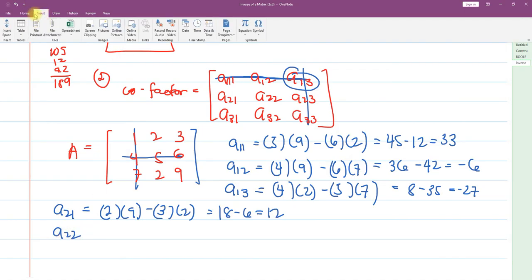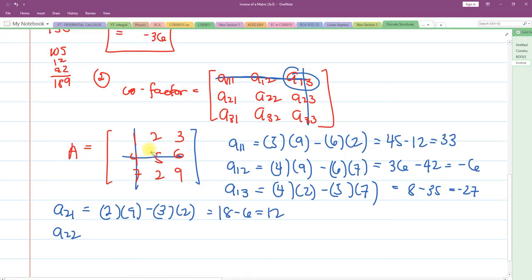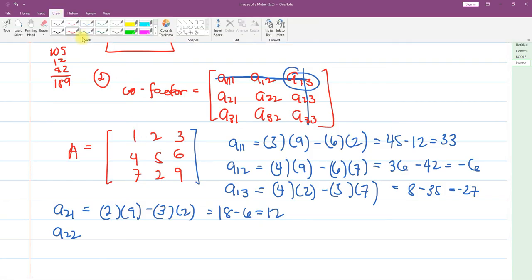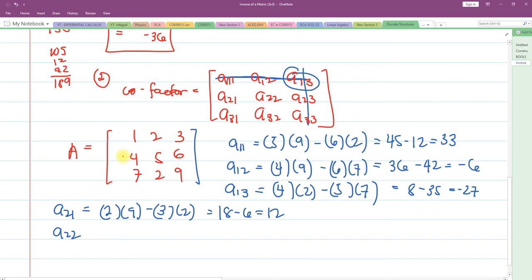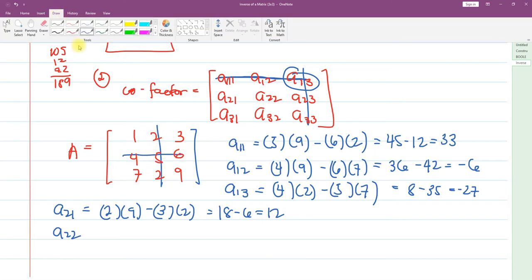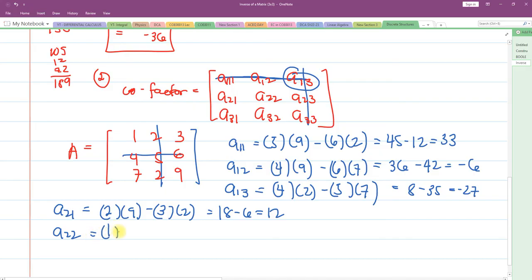Let's do it again. So you now have row 2, column 2 crossed out. So we have 1 times 9 minus 7 times 3. So you have 9 minus 21. That is negative 12.